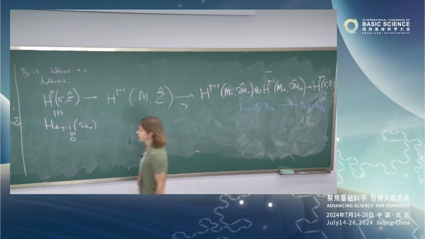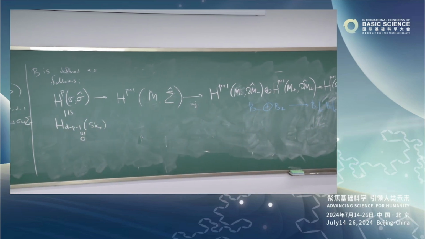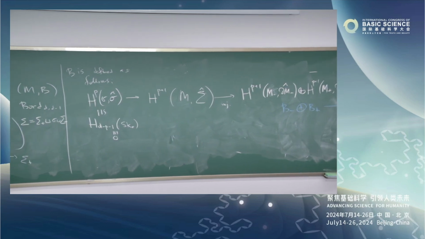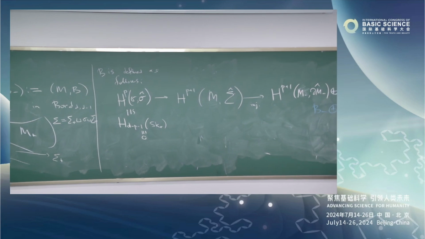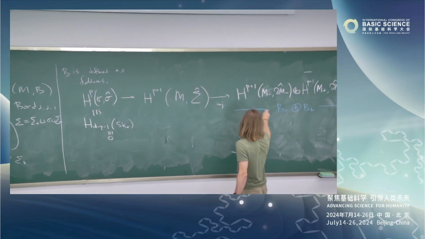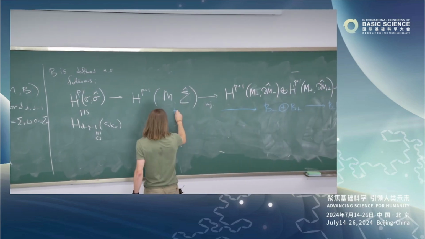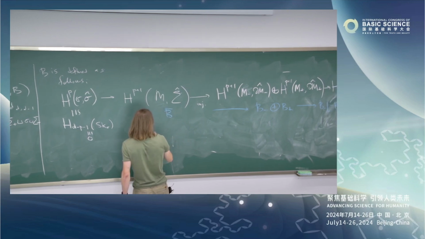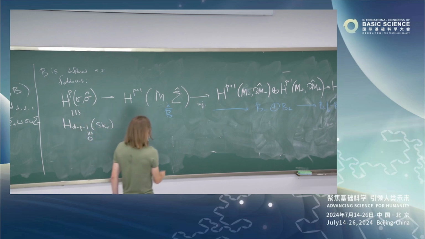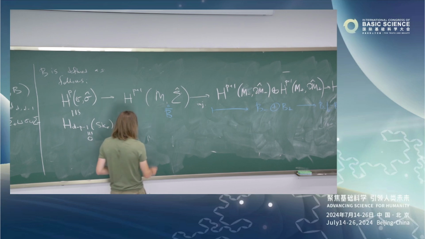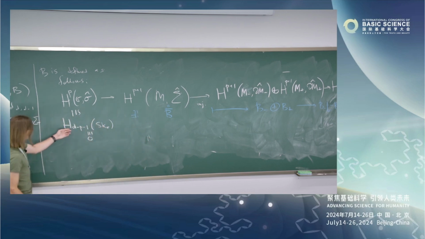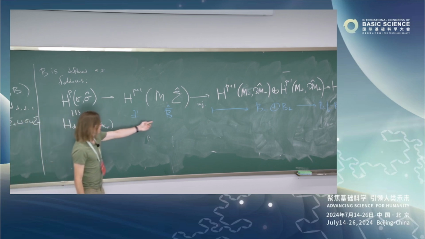By definition, this object is the same for these two morphisms, so it should be 0. So this means I can find a preimage here, which I call B bar. It's not yet the object which I need. The B which I need can then be obtained from this. Because this is 0, this map is injective, so it's a unique element.